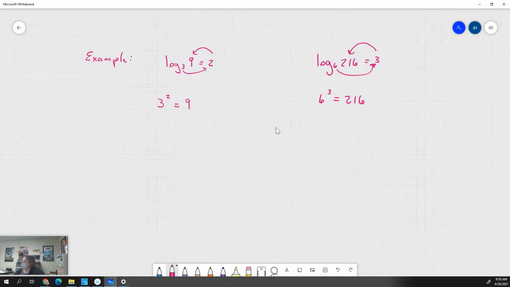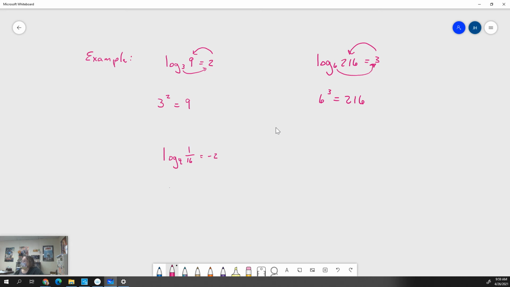Let's do one more just so you can see one with a fraction. If I have log base 4 of 1/16 equals -2.